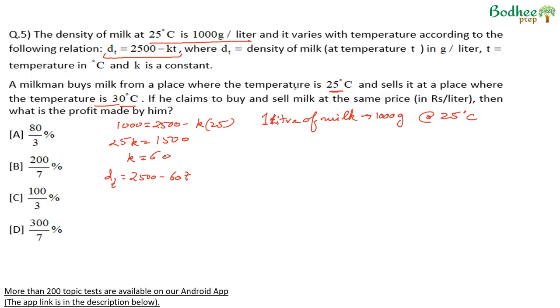He claims to buy and sell milk at the same price, then what is the profit he made? Now he goes to sell the milk where the temperature is 30°C. What will be the density in this case? Density will be 2500 minus 60 into 30, or 2500 minus 1800, which is 700 grams per liter.